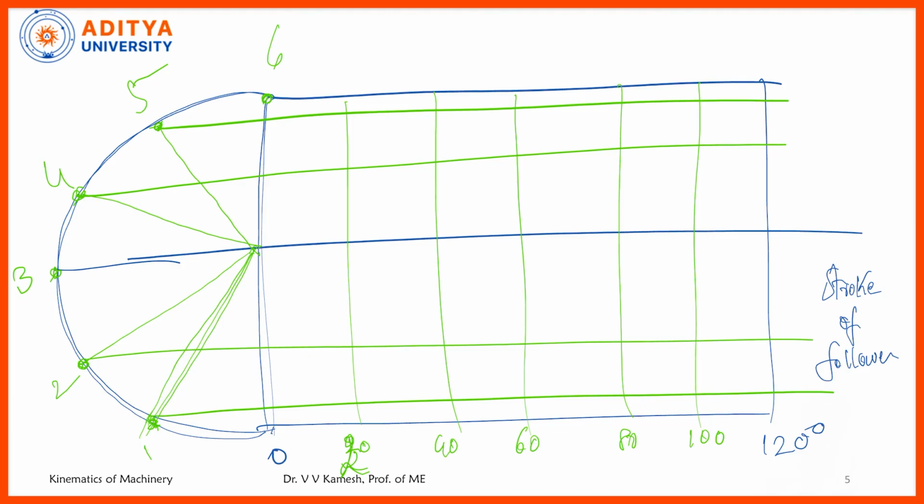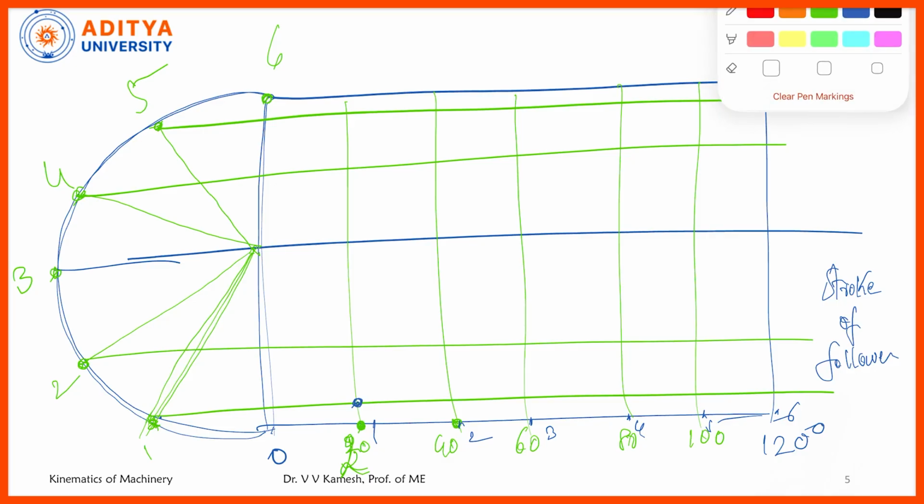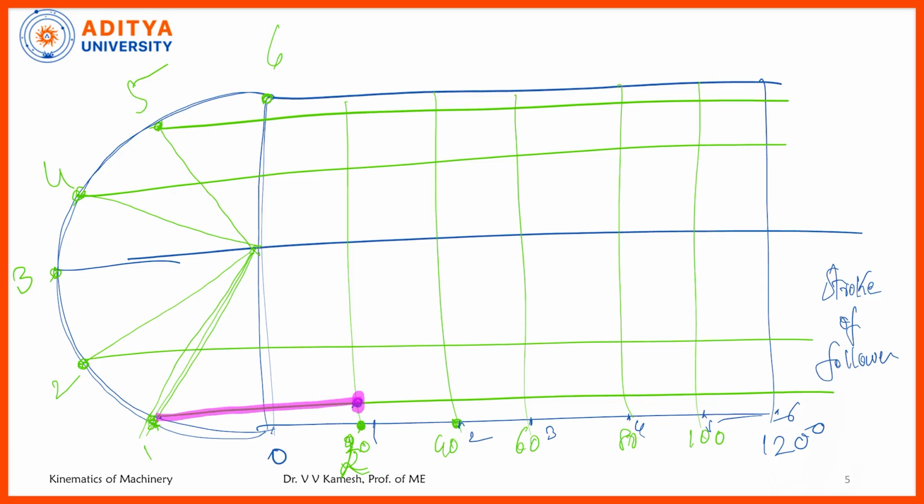Now, this is 1 dash, 2 dash, or otherwise you can call this 1 to 3 only, no problem at all. You call it 1, 2, 3, 4, this is 5 and this is 6. Now, the point of intersection between the vertical line at 1 and the horizontal line from the semicircle point 1 is the point required for us.